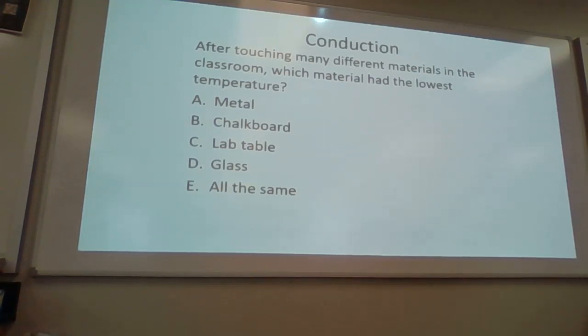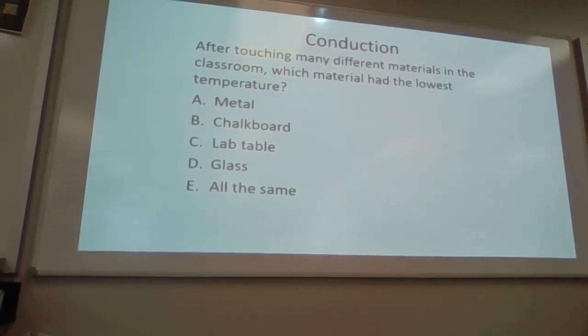Okay, so how long have the objects you touched been in this classroom? Well, since probably at least a year because we just got in here. Okay, but a long time. What happens when objects of different temperatures sit in the same environment over a long period of time? They reach a thermal equilibrium.